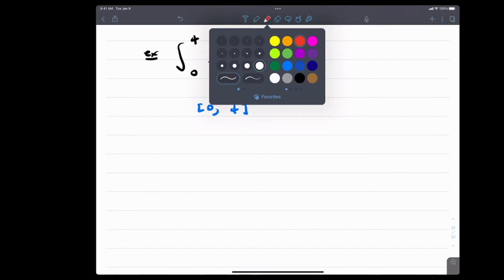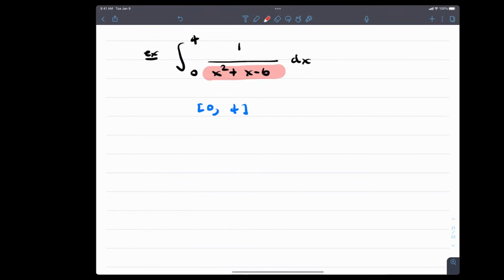And remember, this function is going to be discontinuous or have vertical asymptotes where the denominator equals 0. So, what do you do with that? That's x squared plus x minus 6 equals 0. Where's this denominator equal to 0, right?